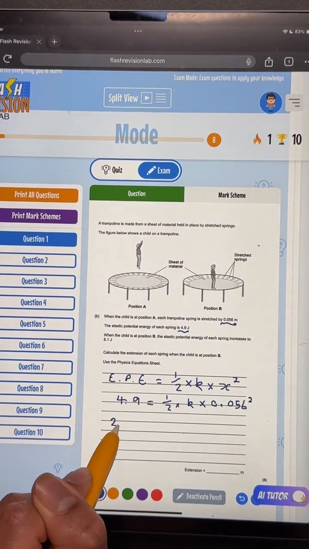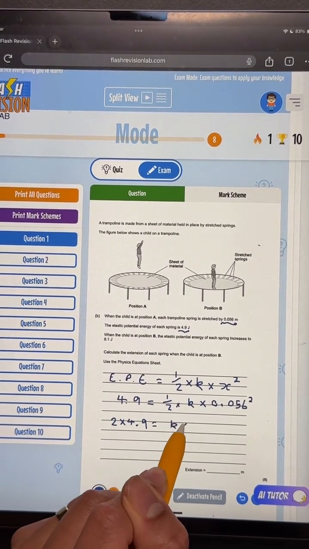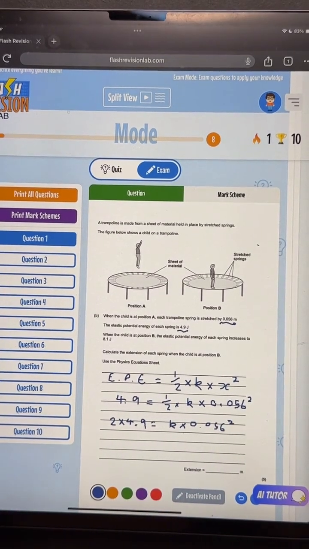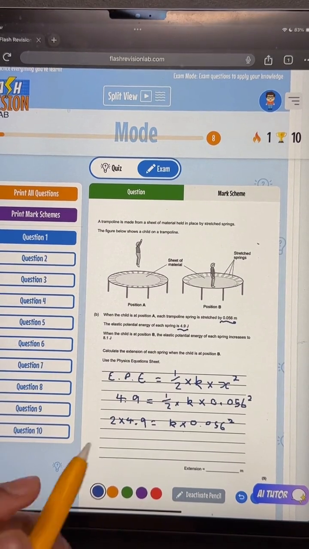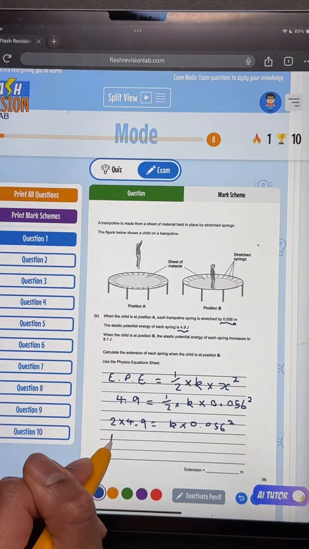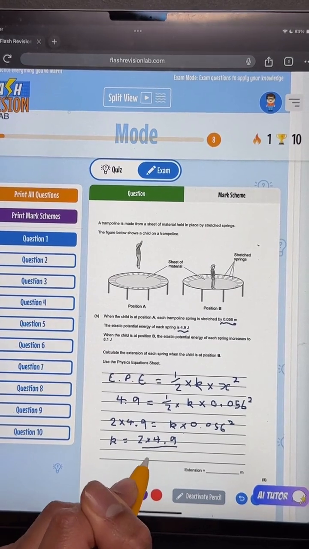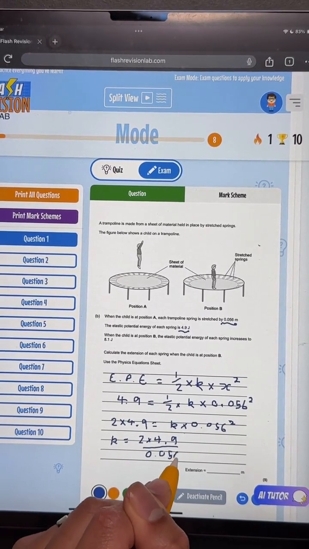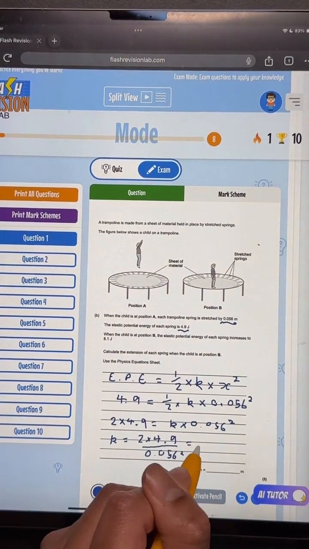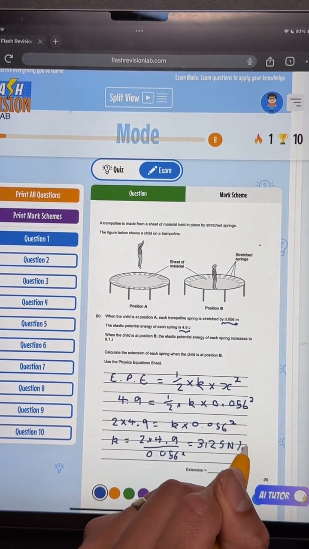So it'll be 2 times 4.9 equals K times 0.056 squared. Then, to get K on its own, I would divide by 0.056 squared. So K equals 2 times 4.9 over 0.056 squared. And that will give me a spring constant of 3,125 newtons per meter.